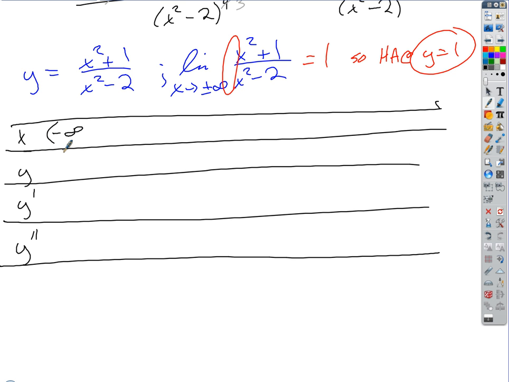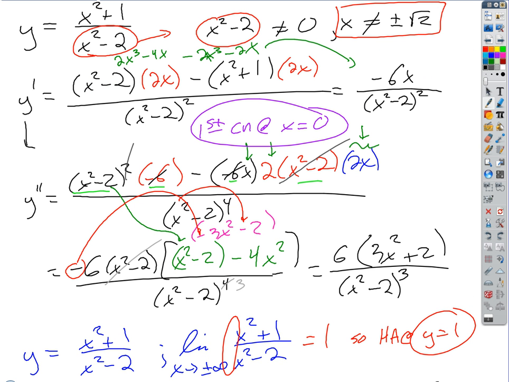All negative numbers except for one of them are part of our domain. All positive numbers except one are part of our domain. Those two numbers were negative root 2 and positive root 2. Remember, look at our domain, those are the two values that are not allowed. That's where we get zero on the bottom, but not on top, in our fraction.